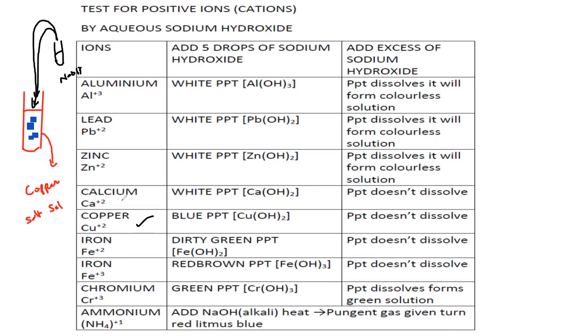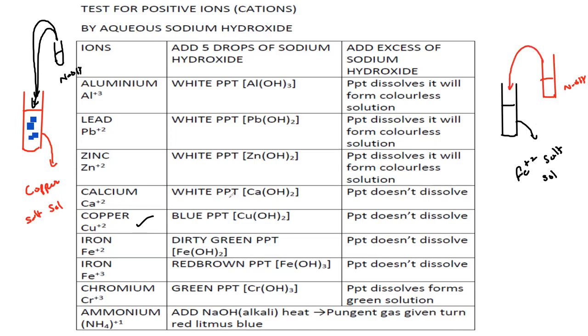Then iron can be iron plus 2 or iron plus 3. If it is iron plus 2, you have an iron salt solution in the beginning, which means an iron 2 salt solution containing iron 2 ion. Now first we are adding drops of sodium hydroxide, NaOH.